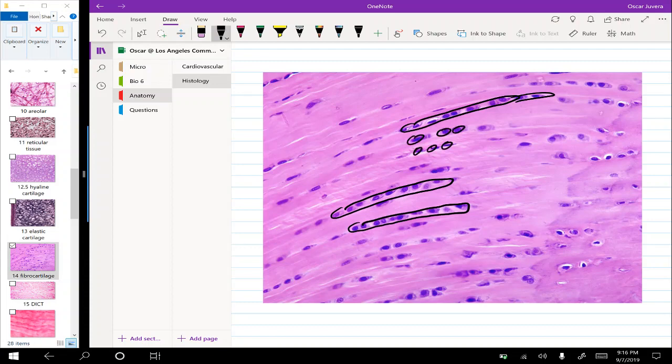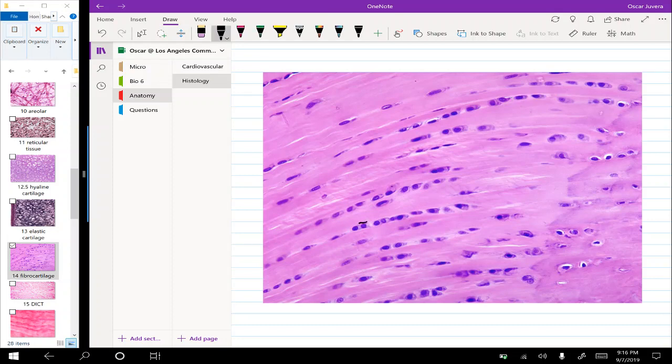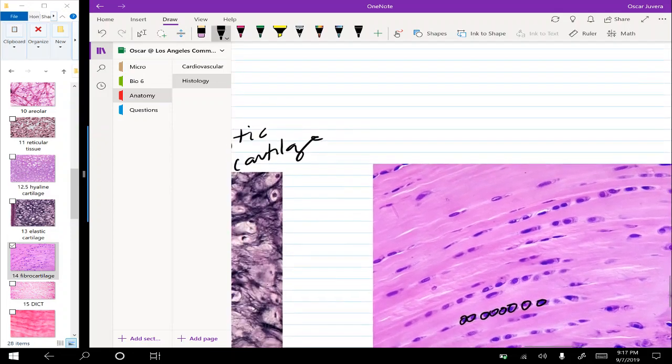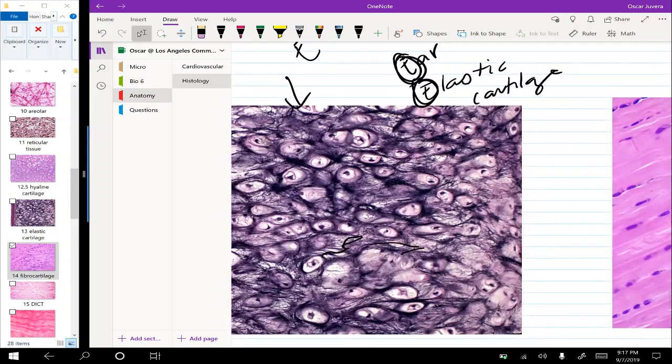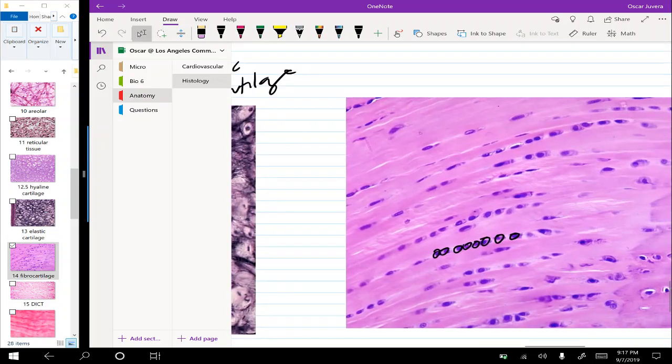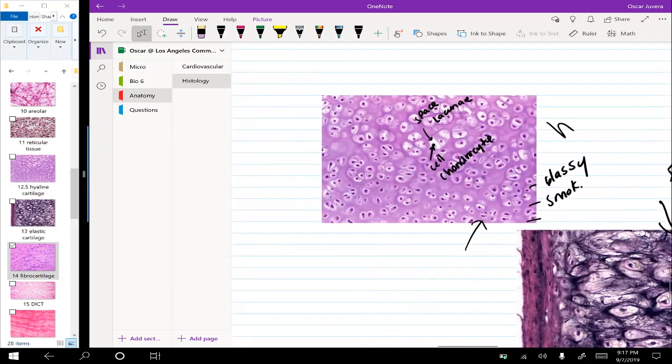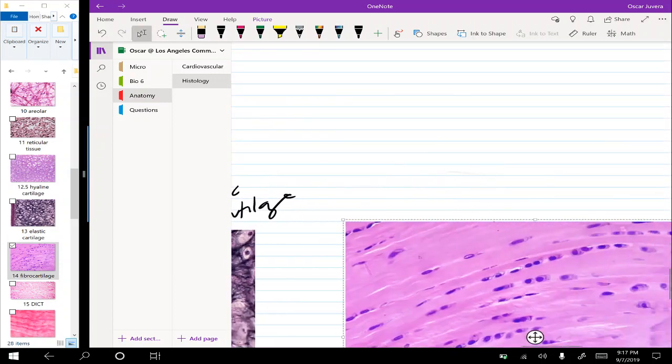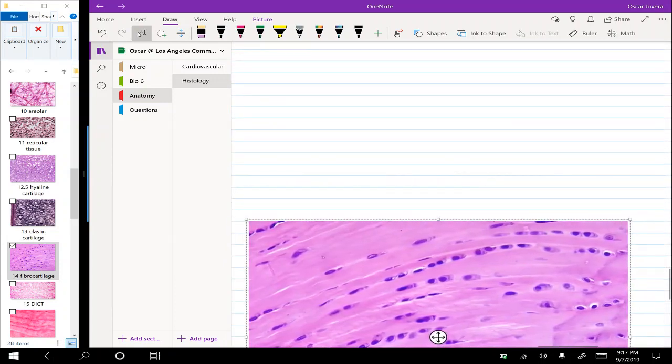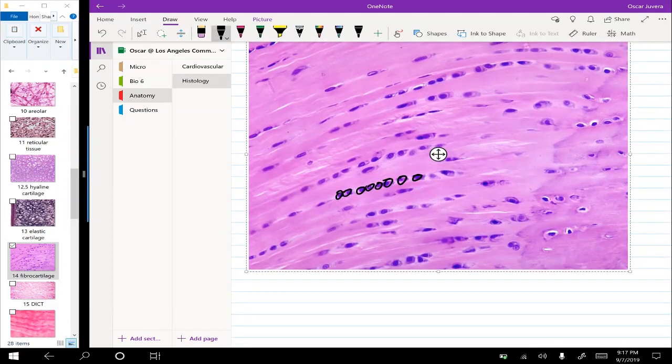They're right next to another. All of those are individual cells, meaning that that's one cell, another one, and another one, and they're making rows. If you compare that to that, still they're both scattered. So fibrocartilage is the strongest cartilage, and they're making rows.